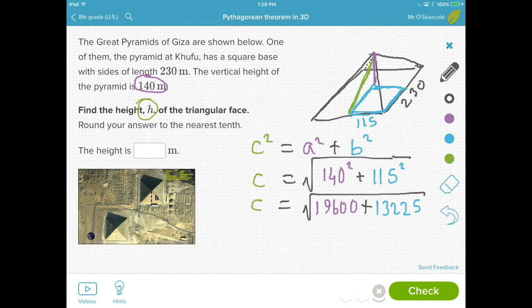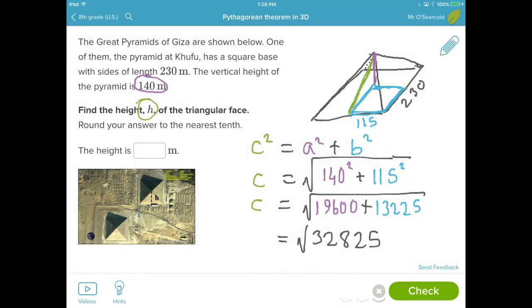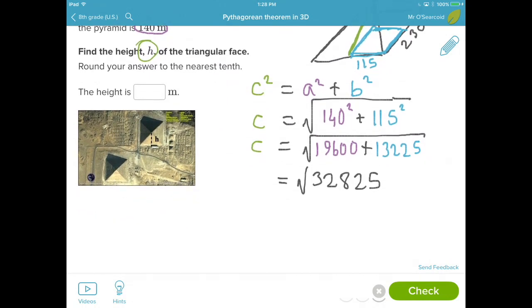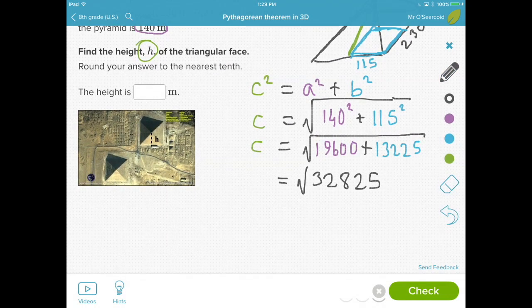At this point, of course, you could make a factor tree when you add these together. First of all, do add them together. You could make a factor tree if you so chose, but it's going to take you some time because the square root of 32,825 is a rather large number, and it's also an irrational number, so it's going to be tricky to do.